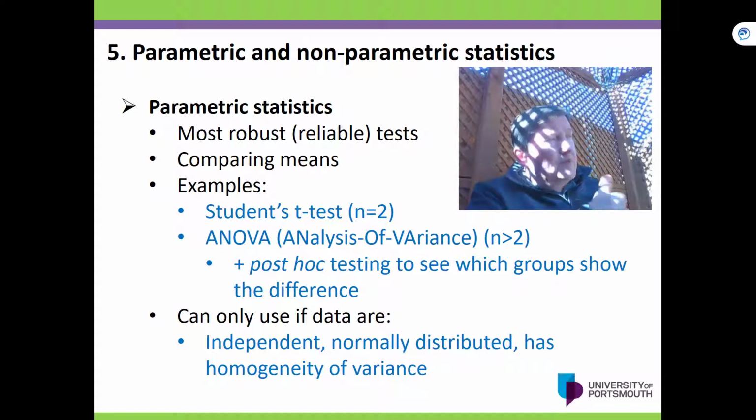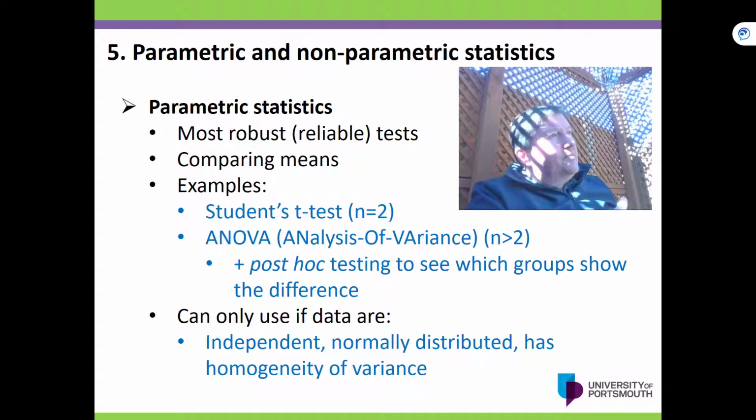In other words, if they haven't done enough samples, so there's no way the data can be normally distributed, or perhaps there's no homogeneity of variance, so that hasn't been tested and it's not obvious in the paper.